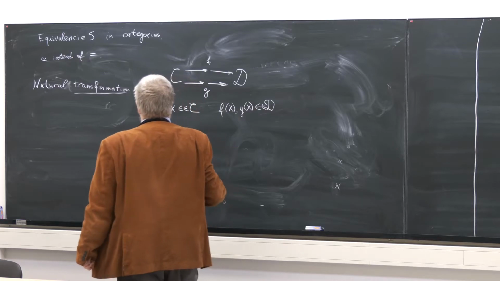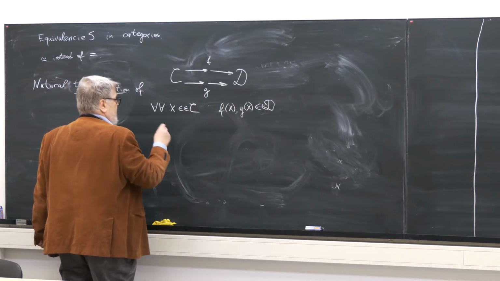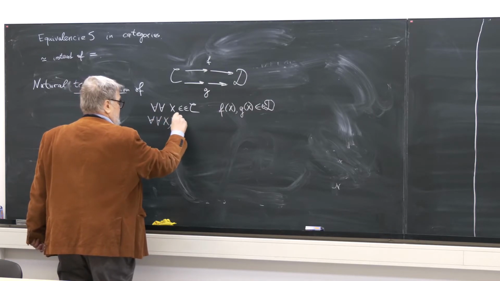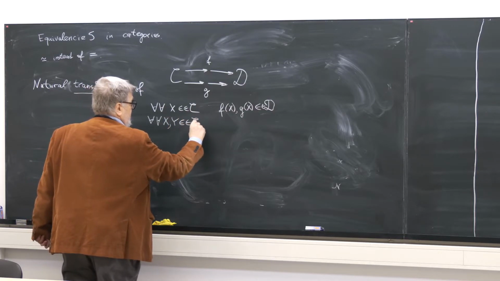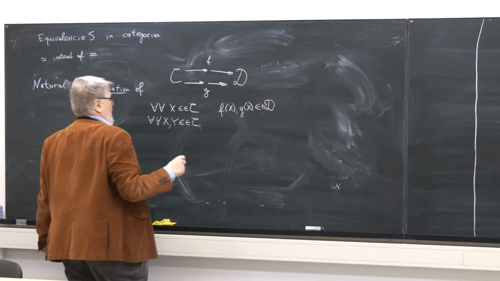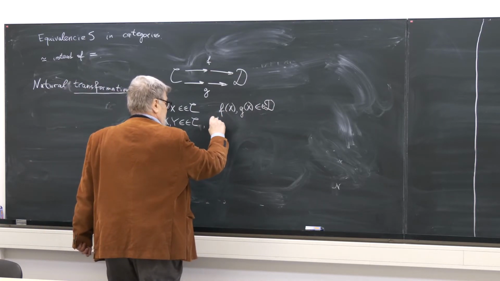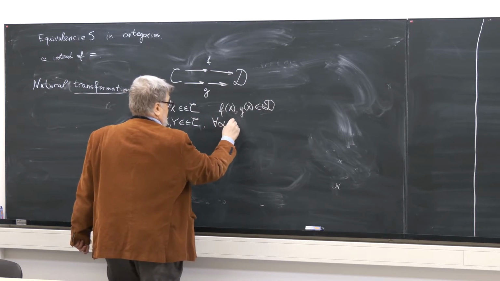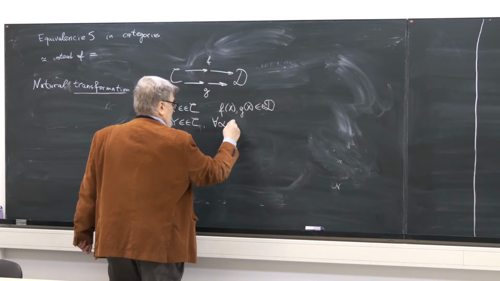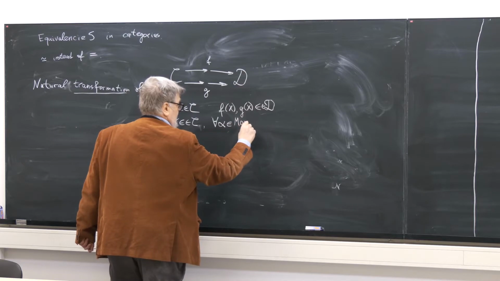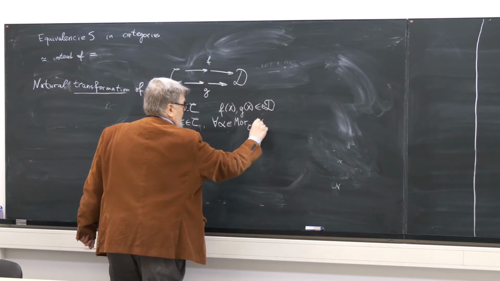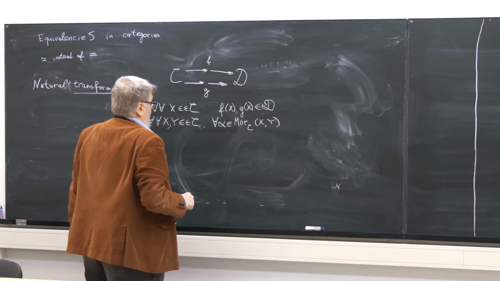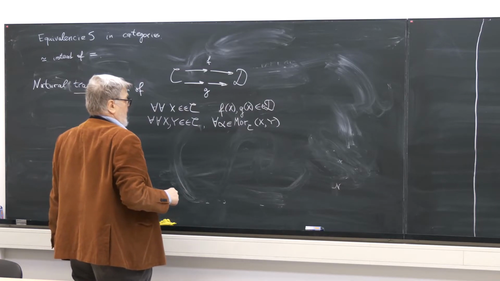But then we transform the arrows as well, and given any two objects of the category C, and any alpha, here we can use just the usual quantifier because alpha, well, let's write it completely, alpha lives in the set of arrows from X to Y. And then we have a square.